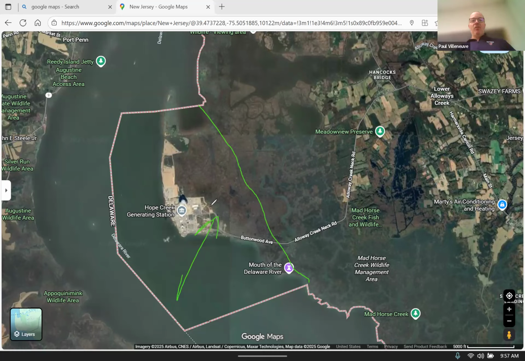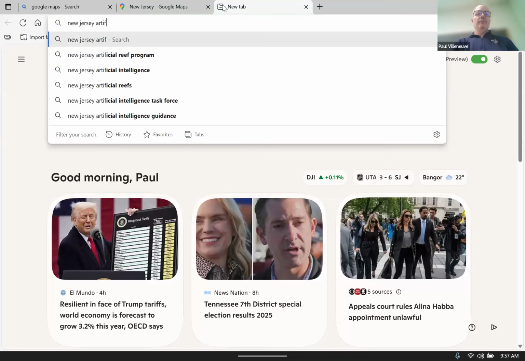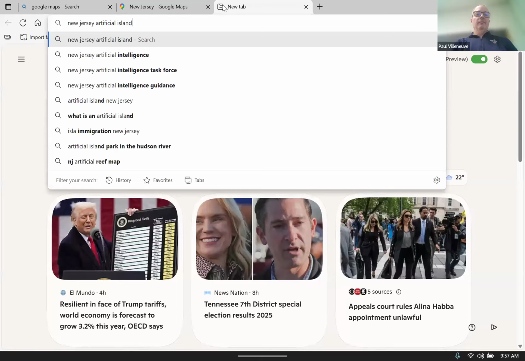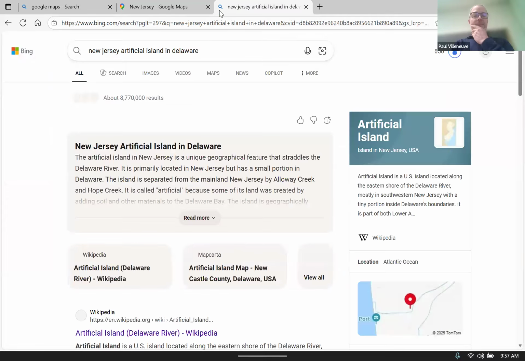I'm 99% sure that this artificial island, let's see if I can find that. With that, what New Jersey regulations with nuclear power? I don't know. I mean, this was built, Salem was starting to be built in the 60s, so. Let's see if it's actually in Delaware.